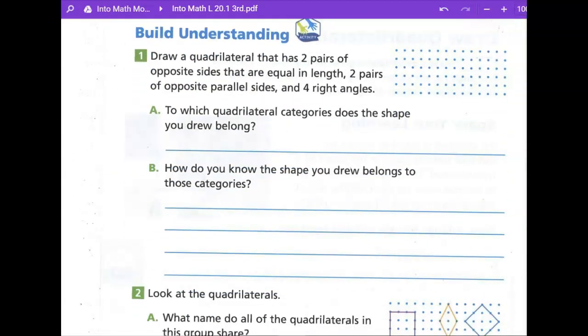Turn it over. Draw a quadrilateral that has two pairs of opposite sides that are equal in length. Two pair of opposite parallel sides and four right angles. So what can we draw here?